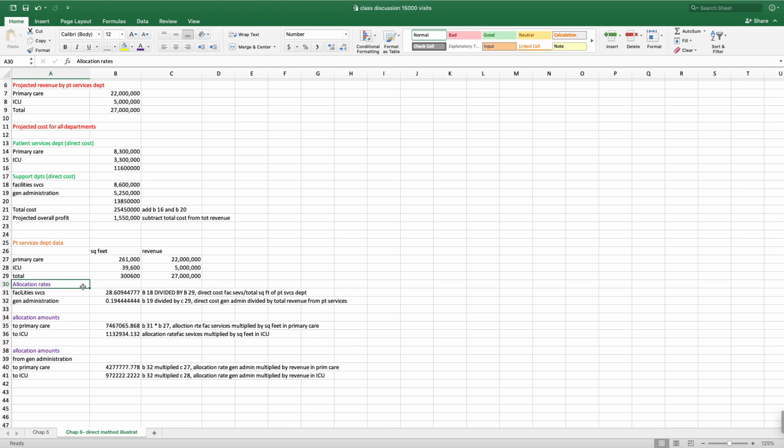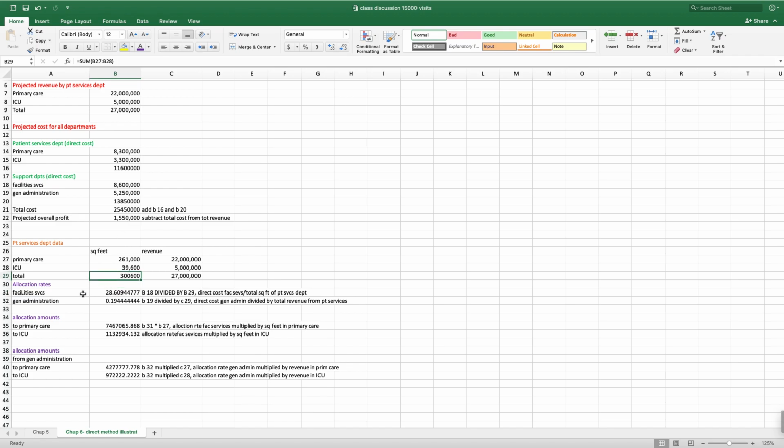To get the allocation rate for facility services, you divide the direct cost of facility services by the total square footage of the patient services department. So the direct cost of facility services is right here, divided by the total square footage of the patient services department right here.